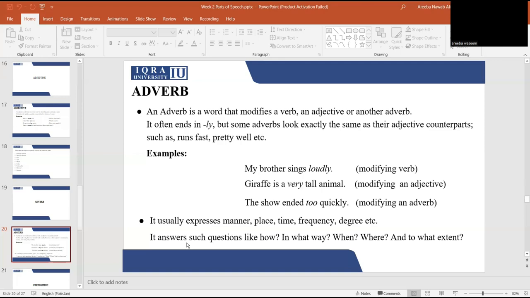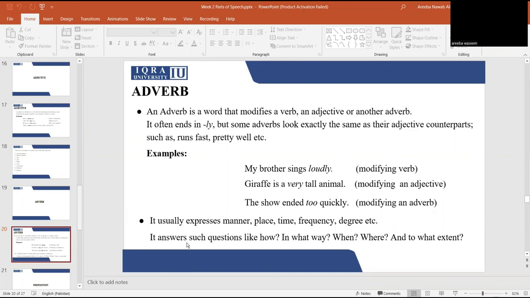Giraffe is a very tall animal. Here we are modifying our adjective. And the show ended too quickly. Here quickly is already an adverb. Now we are modifying our adverb by adding too in the sentence. See, if it were to say the show ended quickly, we would still have an adverb. Quickly would be our adverb. But now we have modified our adverb by another adverb, which is too.